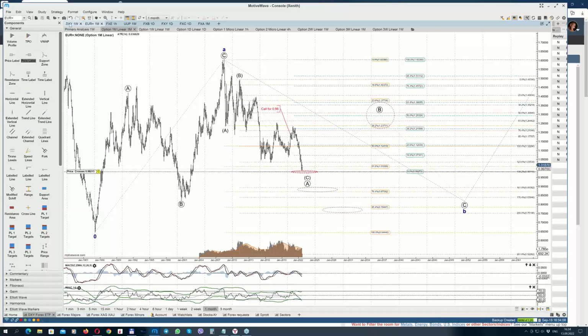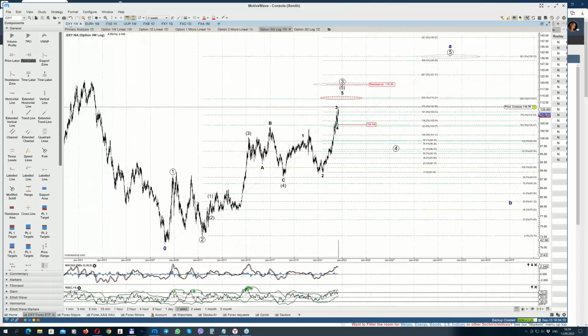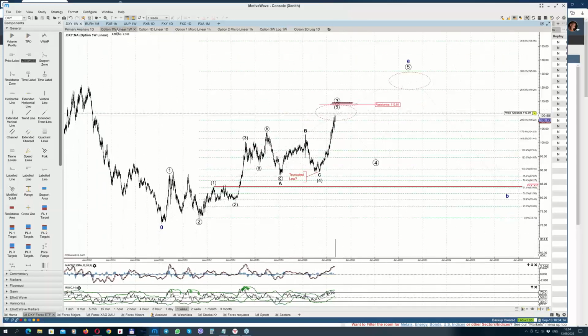Meanwhile, I'm going to start not with the euro, but with the Dixie, the dollar index. The weekly count I was using as a primary is pointing to 108.22 region. That was the ideal target for the Circle 3 wave count.